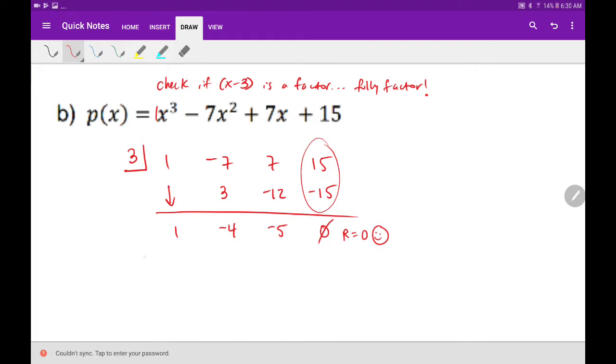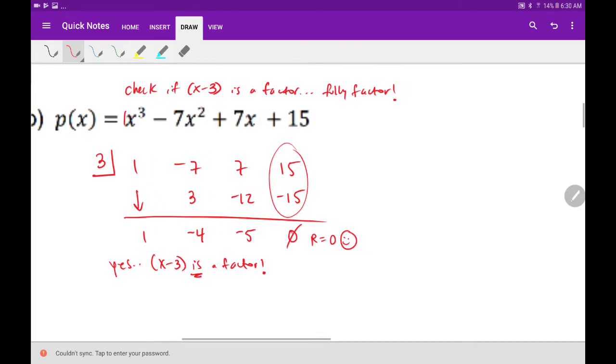So yes, x minus 3 is a factor. But that's not what the question asked. It didn't just say answer yes or no. It said if it's a factor, continue factoring it all the way.